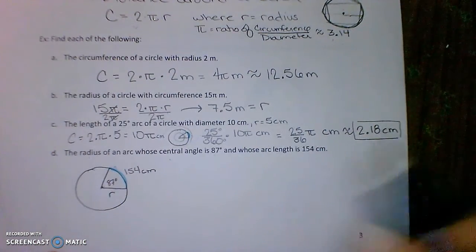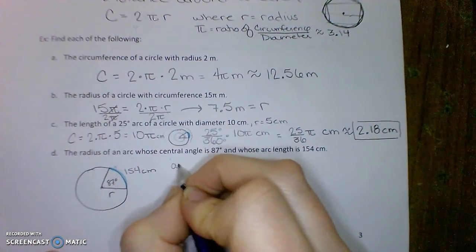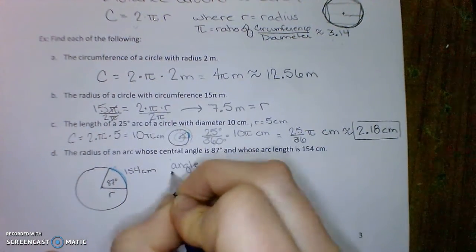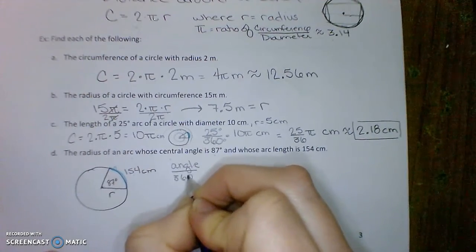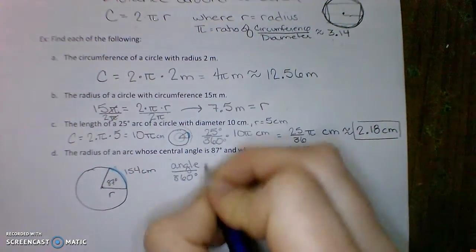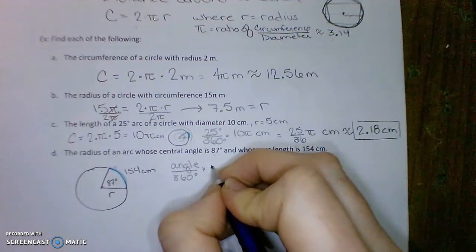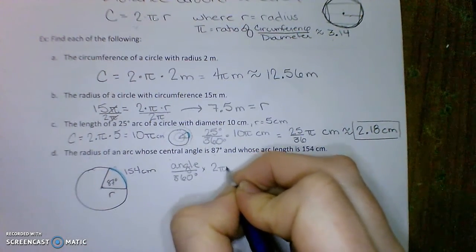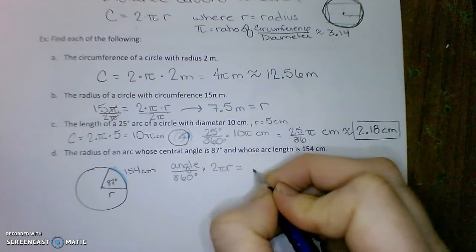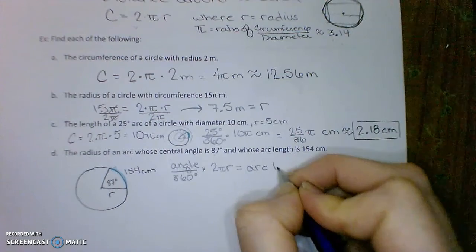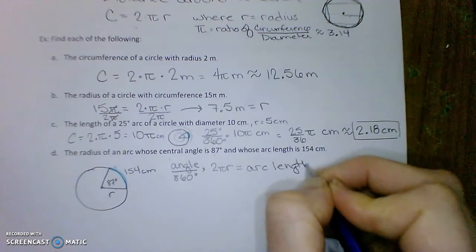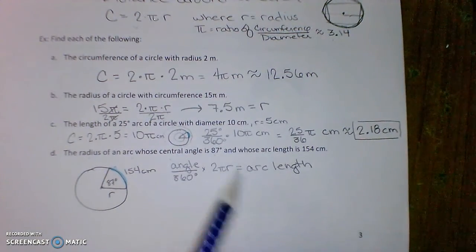Thinking about how we did that last time, we have the angle measure divided by 360 degrees, and we multiplied that by the circumference. This fraction of the circumference, 2 pi r, is equal to the arc length. That's the way that we thought of problem C there.